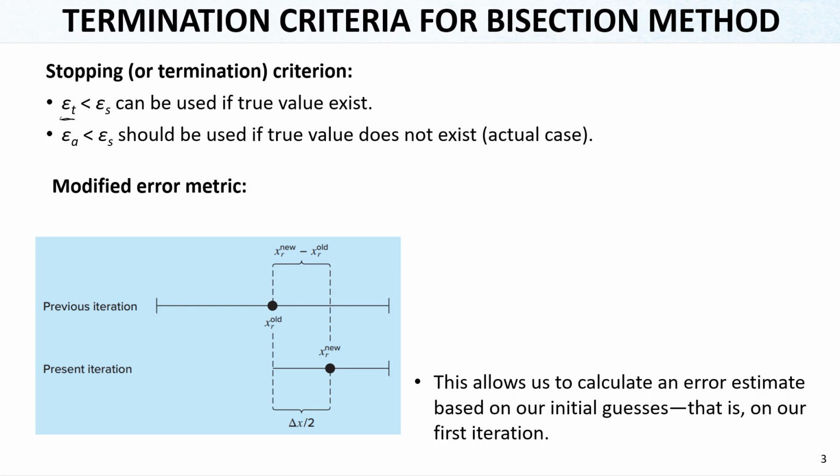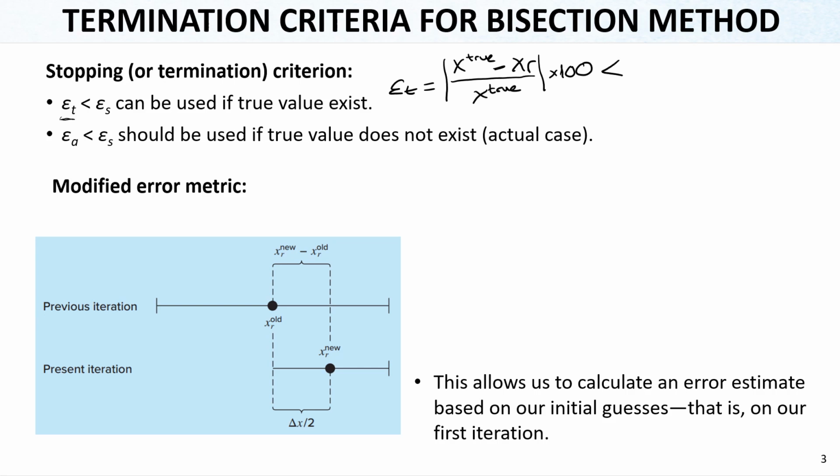If the true value exists, we can use the true percentage error. And if you remember, it was epsilon t equal to the true value, let's say x true, minus xr, the predicted value, divided by x true, times 100.